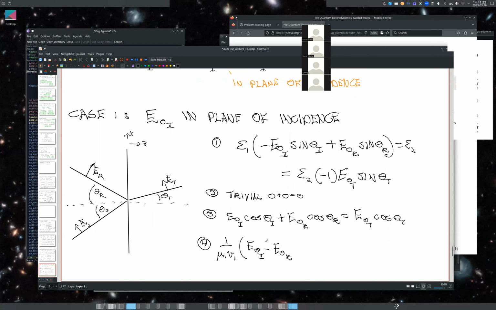This minus here comes from the conventions that we had for the axis. You remember that the B field is measured the other way for the reflected wave. And this has to be equal to 1 over mu2 V2 times E0T. Okay, so these are all the equations that we have.